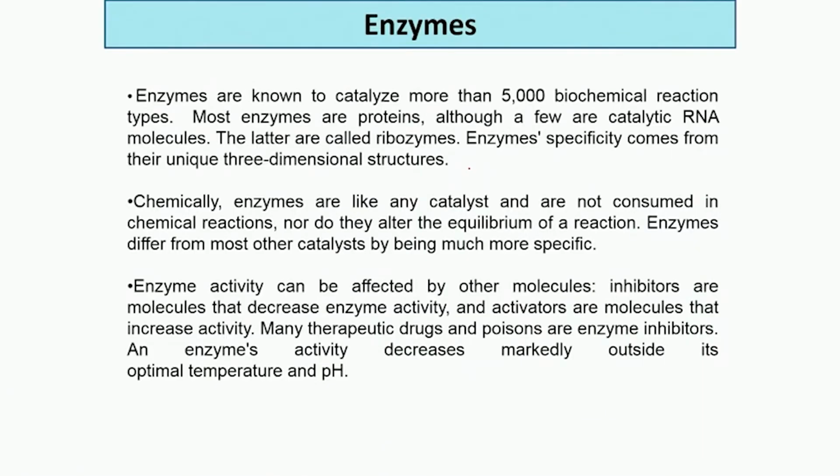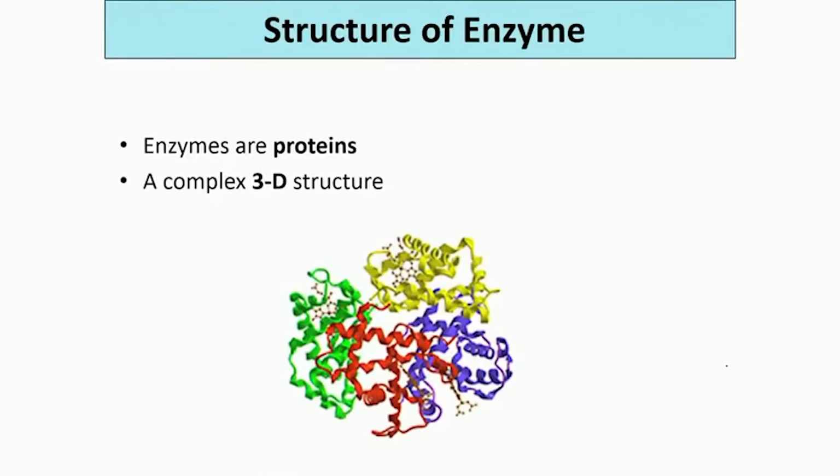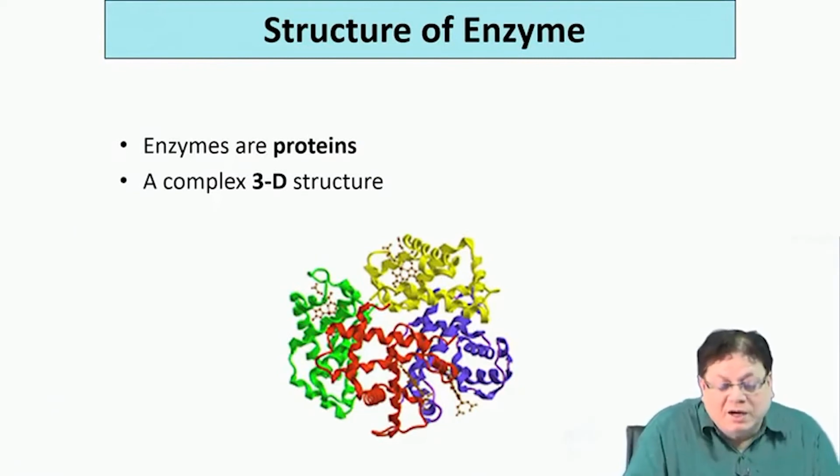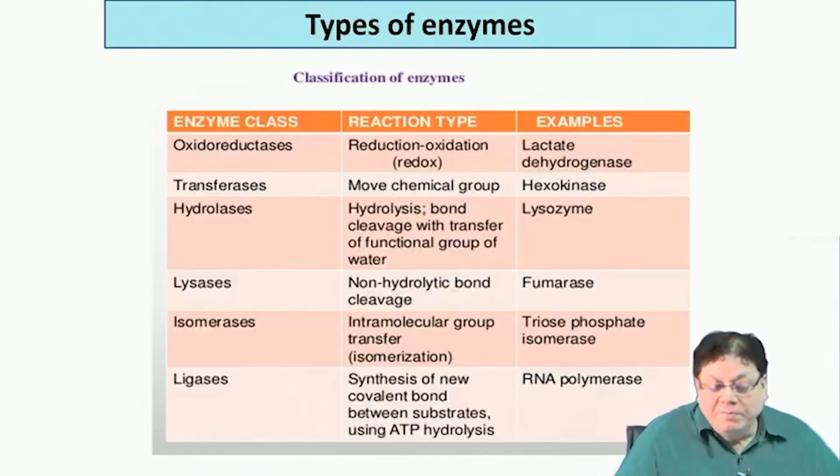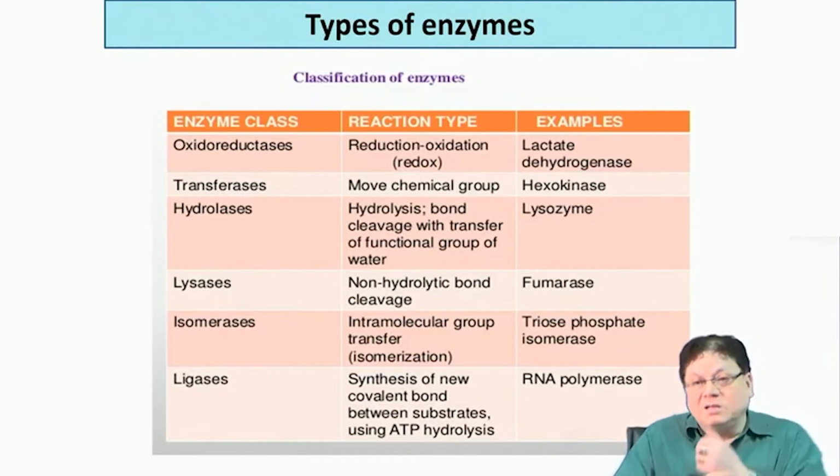Okay. So, enzymes, we can skip this slide. Some structures of enzymes are given here. Enzymes are proteins. This is a complete, complex 3D structure of an enzyme. But let us go to the different classes of enzymes.